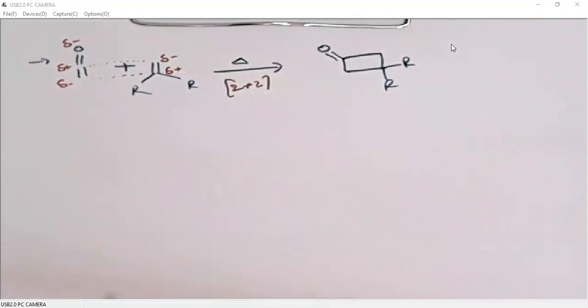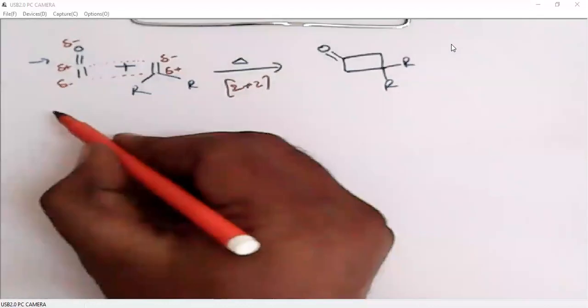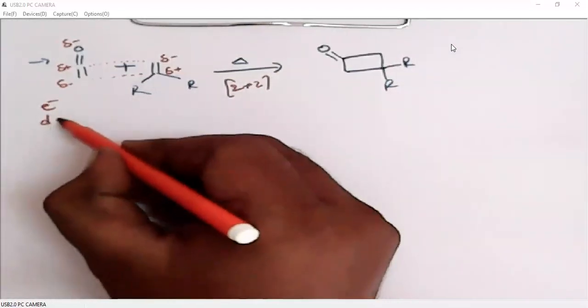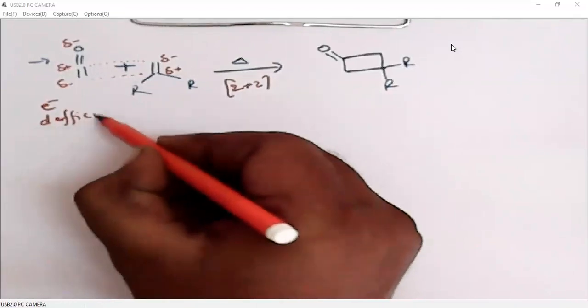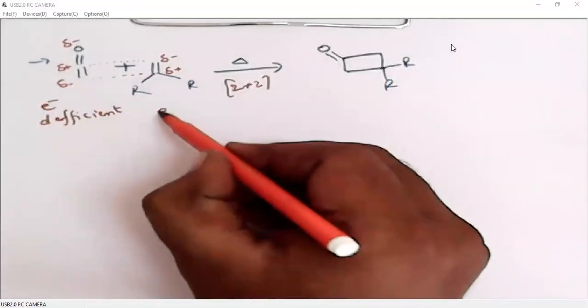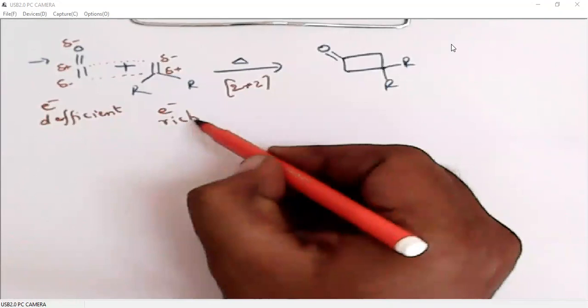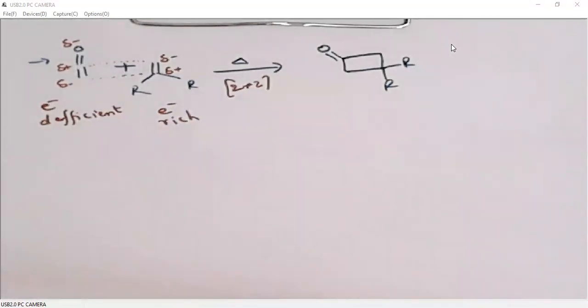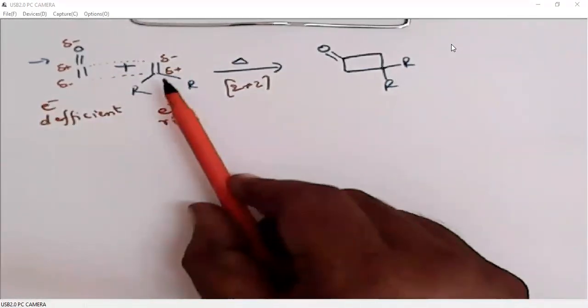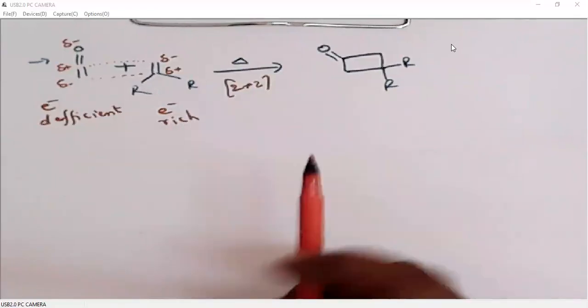I'd like to add one more point here. Ketene must always be electron deficient, and alkene must always be electron rich. So we can say ketene is electron poor. That means ketene with electron withdrawing substituents is favored for 2+2 cycloaddition, whereas alkene with electron releasing substituents is favored.